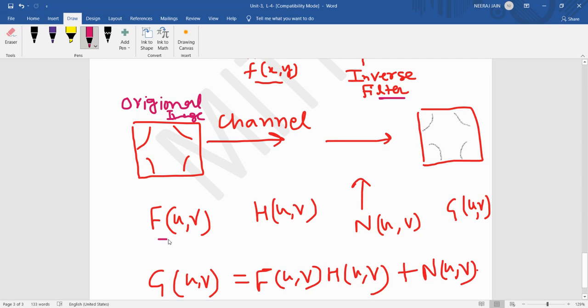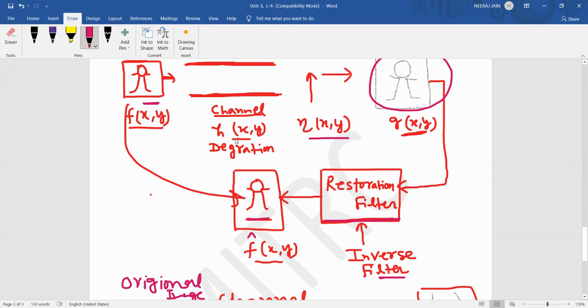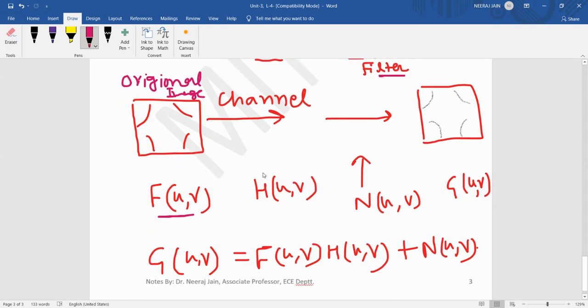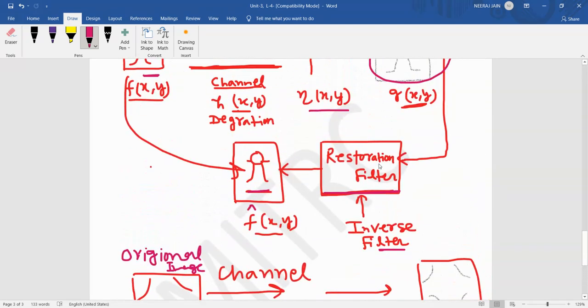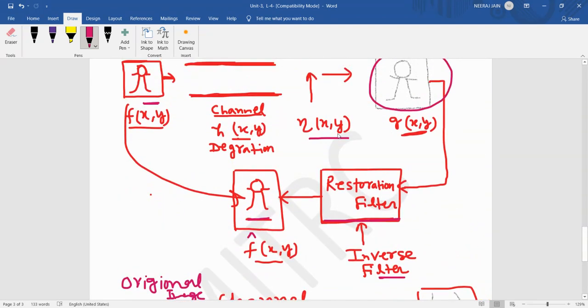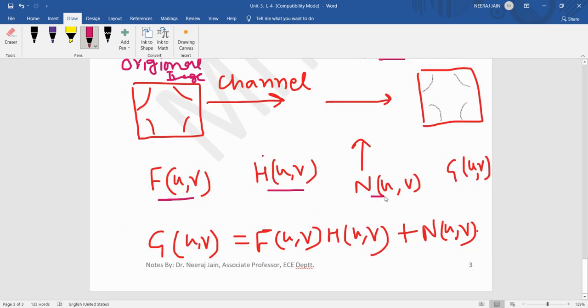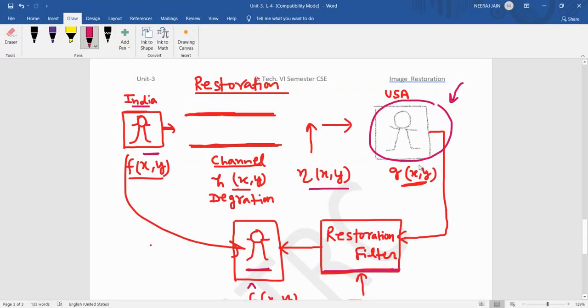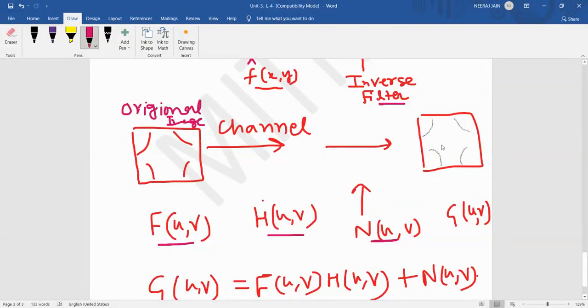Now again it is passing through the channel, and the Fourier transform of the h(x,y) degradation is denoted by H(u,v). The Fourier transform of this noise signal is denoted by N(u,v). The Fourier transform of this degraded image g(x,y) is denoted by G(u,v).